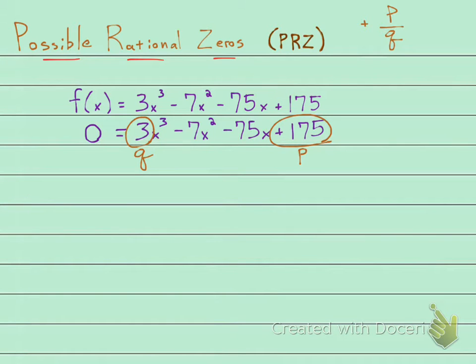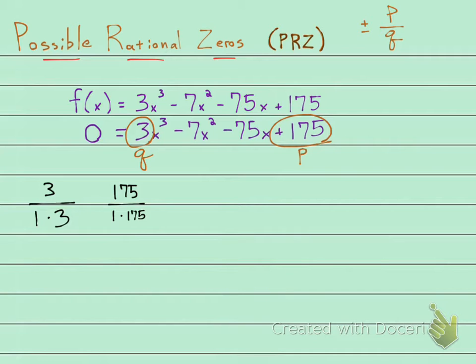Let's do the q's. Here I have the number 3, and the only factors of 3 are 1 and 3. Now 175. Oh boy. The factors of 175. I'm going to do my factor pairs, starting with 1. 1 times 175 gives you 175.